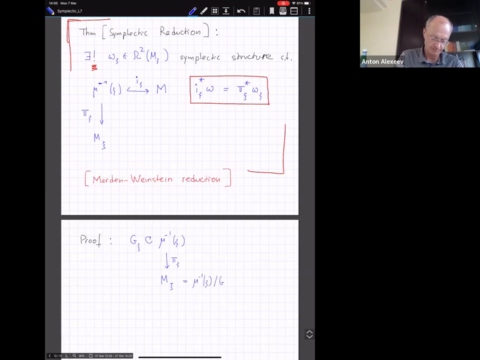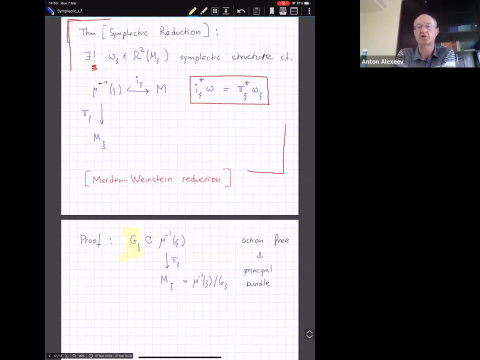If the action is free, then this is a principal bundle for the action of this compact connected group G Xi.